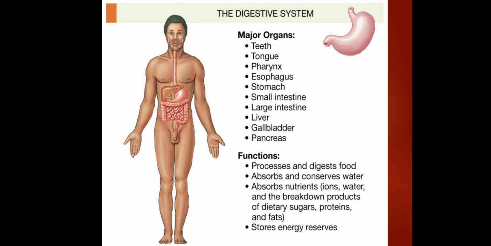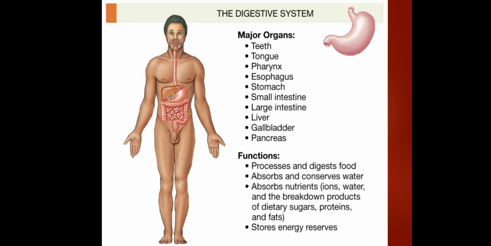So, the digestive system processes and absorbs nutrients, minerals, vitamins, and water. The digestive system focuses on what food you are taking in, and it has the function to process the entire food that you are eating.